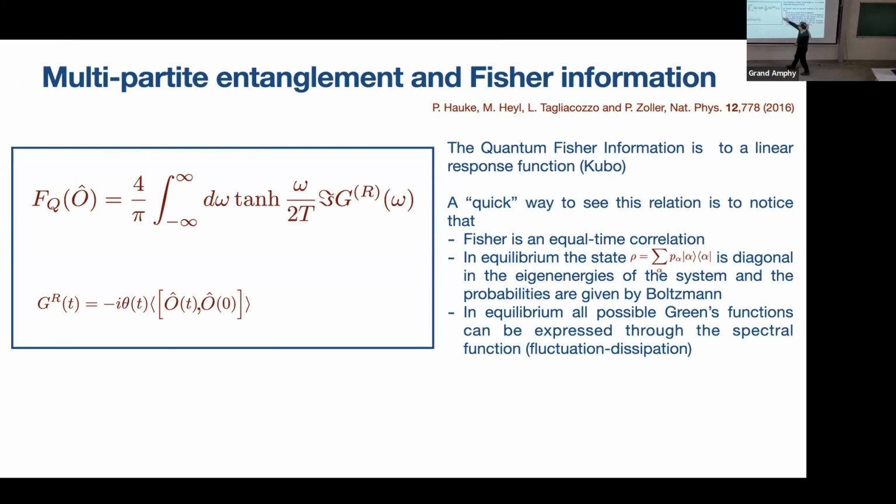This is a way to say that the variance, let's say for a pure state for simplicity, is related to the retarded correlator.